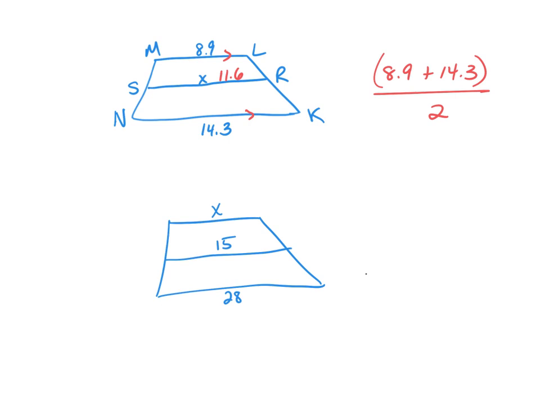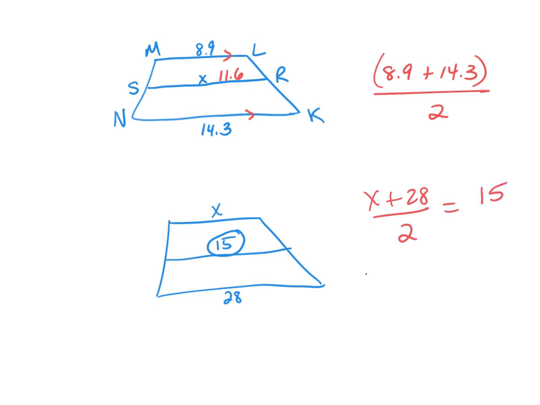If you have whole numbers, just set up the equation the way we just did before. I told you to find the middle section. It's going to be the average of the top section and the bottom section equals the middle section. You put the x where it goes.